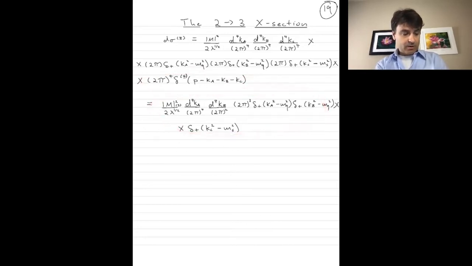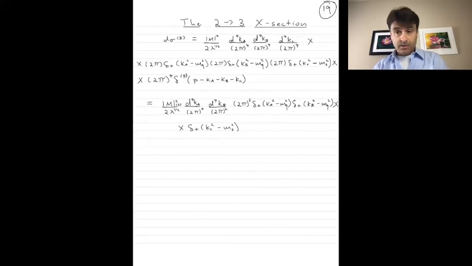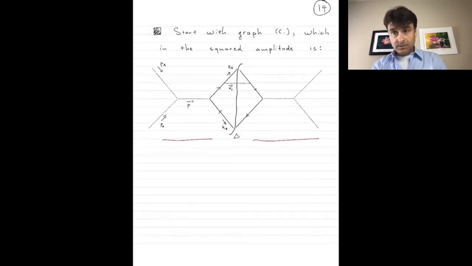And by the way, I'm putting a little 3 here to indicate that we're looking at the squared amplitude for the 3 final state particle situation, just to keep in mind that we're ultimately trying to calculate this graph here.